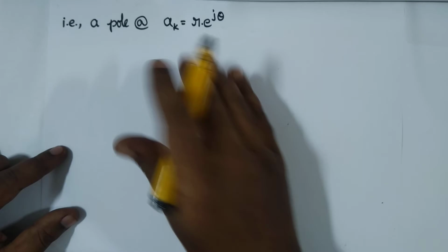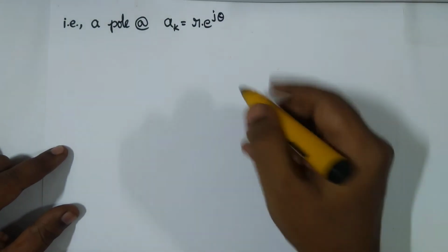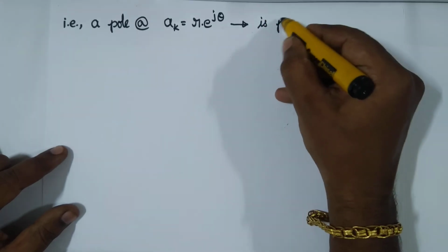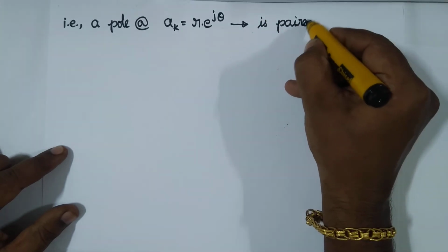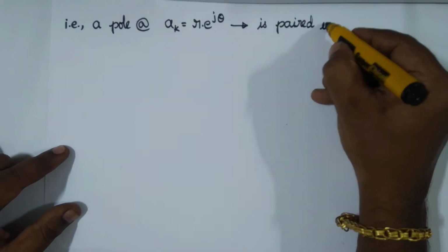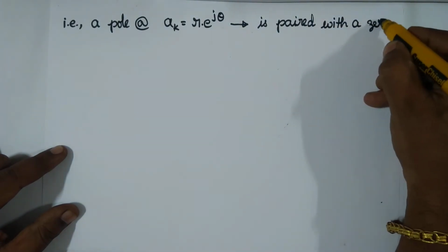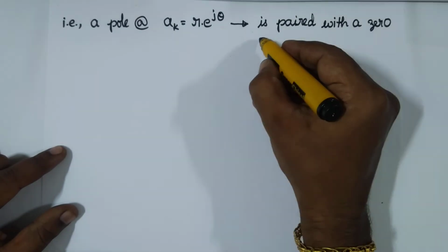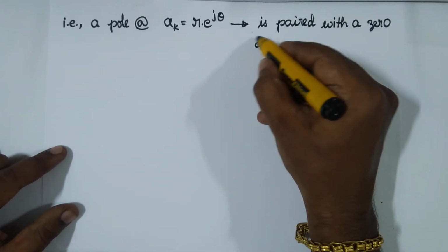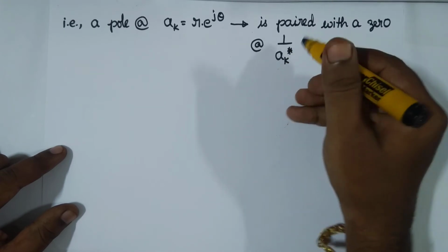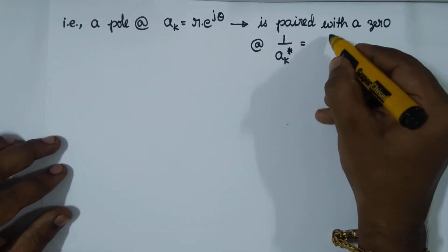So in general case we will take a complex pole like this. Now this complex pole is paired with a 0 at, we could say, 1 over ak conjugation. That equals what?